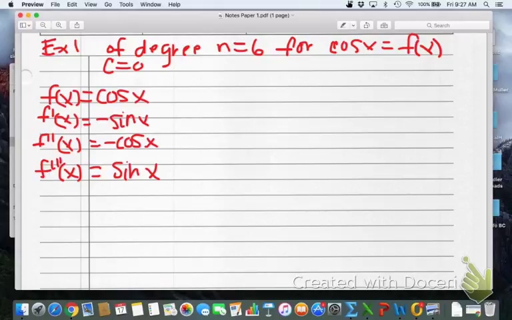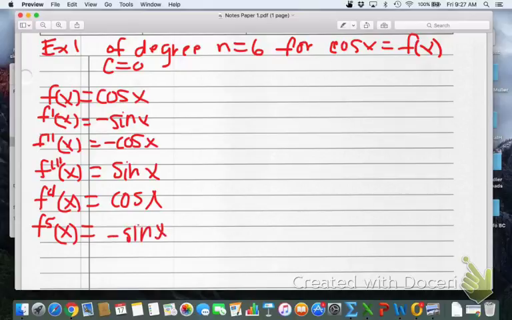The fourth derivative is cosine x. And I'm going to keep going down the page here. Since we're doing a 6th degree, I'm going to have to find 6 derivatives. So the 5th derivative, again, is negative sine x. And then the 6th derivative is going to be negative cosine x.